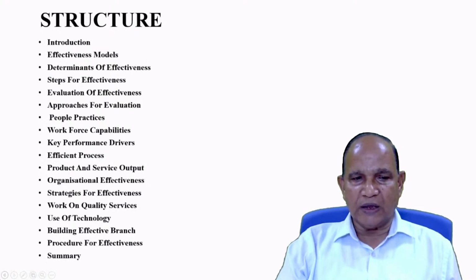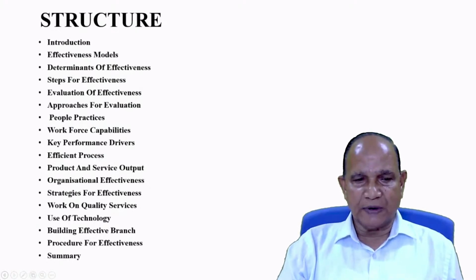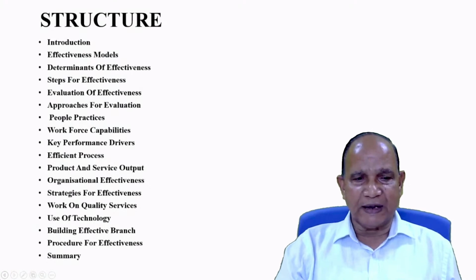The next one is related to organizational effectiveness, which I have already told you: if we follow certain points relating to organizational effectiveness, that will also be helpful for efficient management. Next, there are different strategies which should be followed for ensuring effectiveness in different organizations.